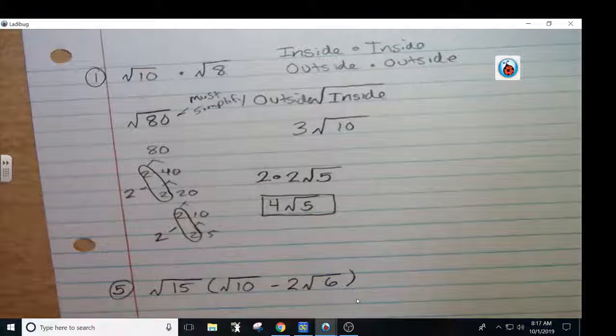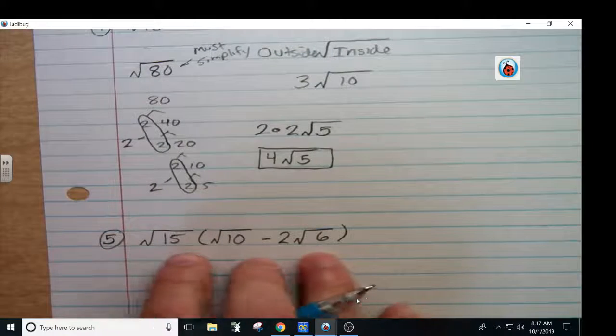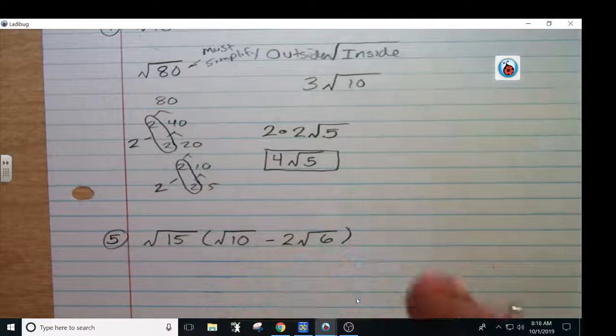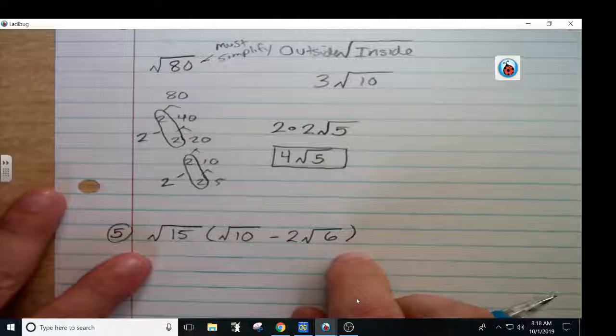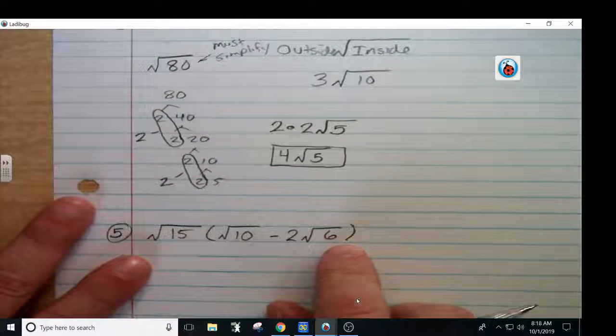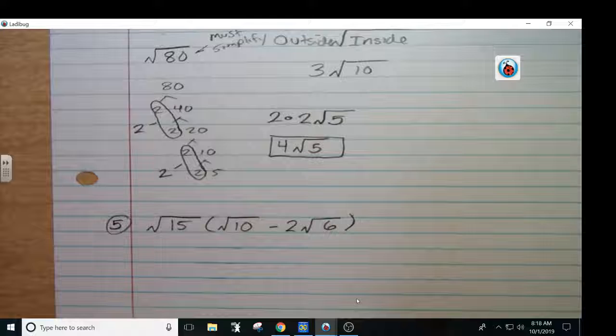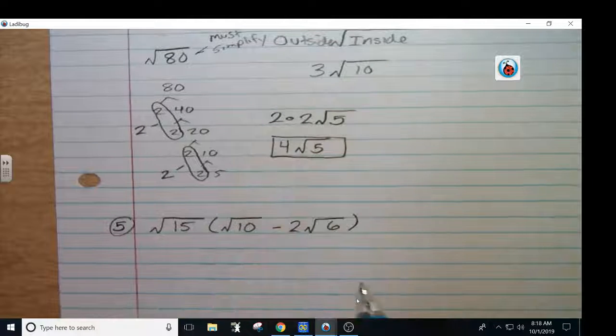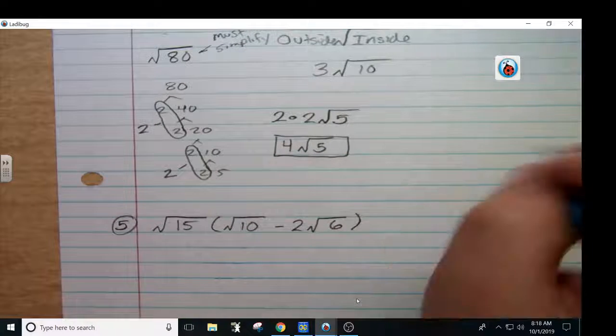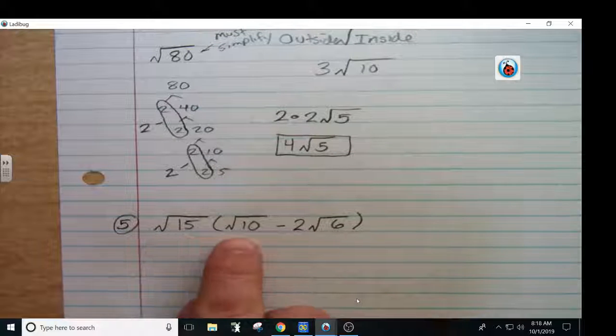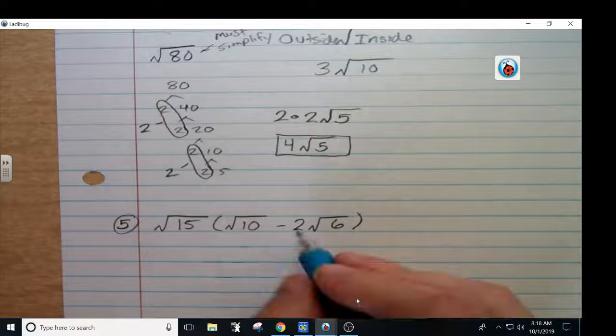Now, guys, in the math you've done so far, what do you usually do when you have parentheses like this? You distribute, right? So you're going to distribute, which is multiplication. All of these are inside numbers except this 2 right here.